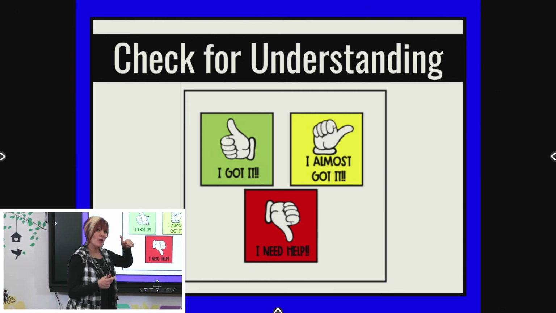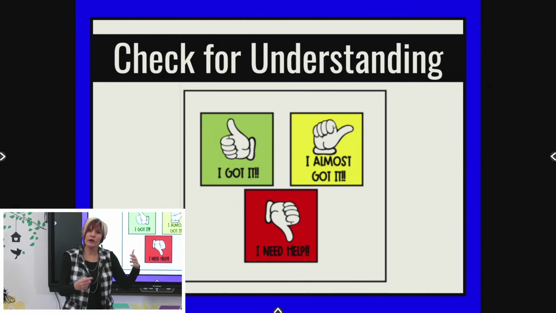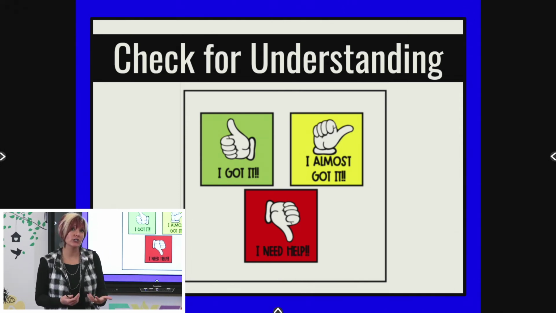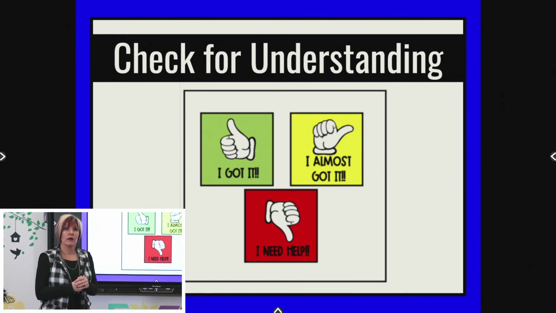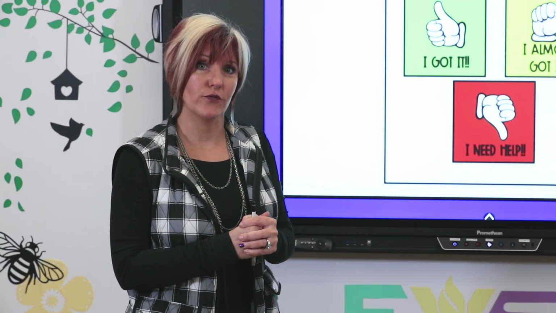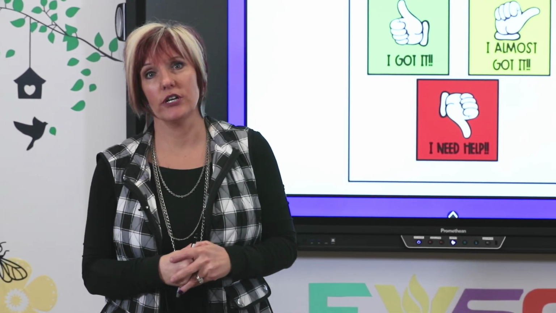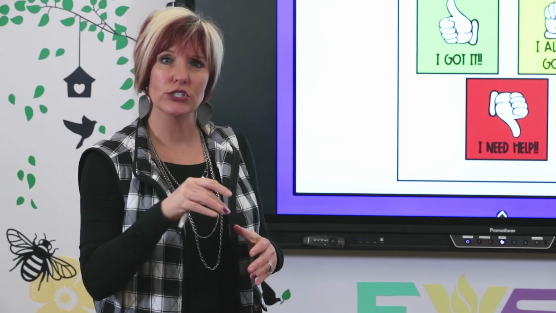But if you've almost got it, check with your mom, your dad, grandma, whoever's helping you, big brother, big sister, see if they can help you with some of these. Or you can contact your teacher and ask them if they have some practice ones for you. If you really need help, definitely contact your teacher and talk to them about that if you're really struggling with this.